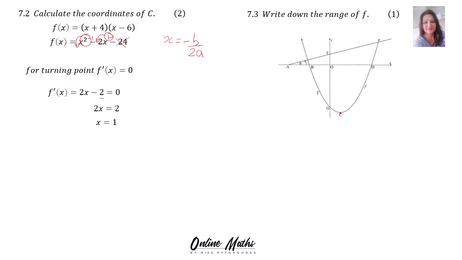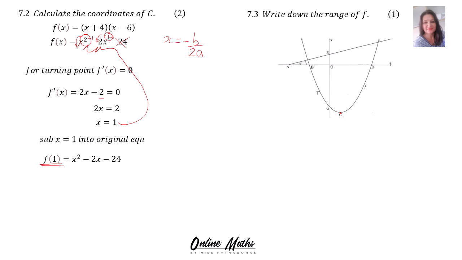And then how do you find the corresponding y value of C, the turning point? You are going to take that x is 1 and you're going to substitute into the original equation. And there I wrote this down for you. Please note this is the correct notation.